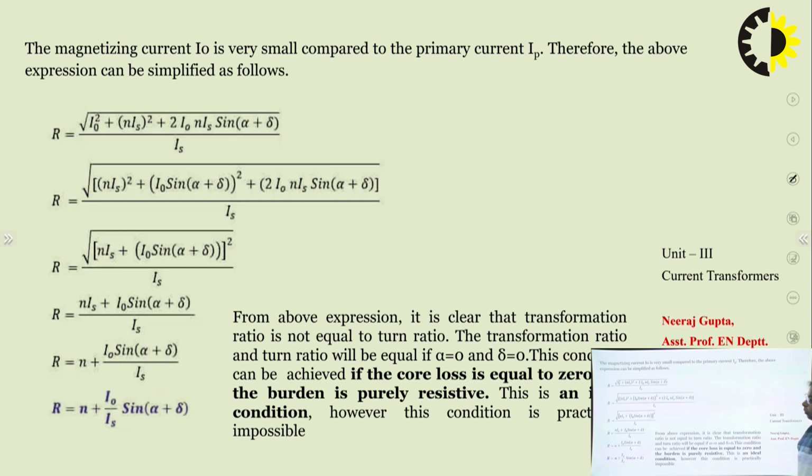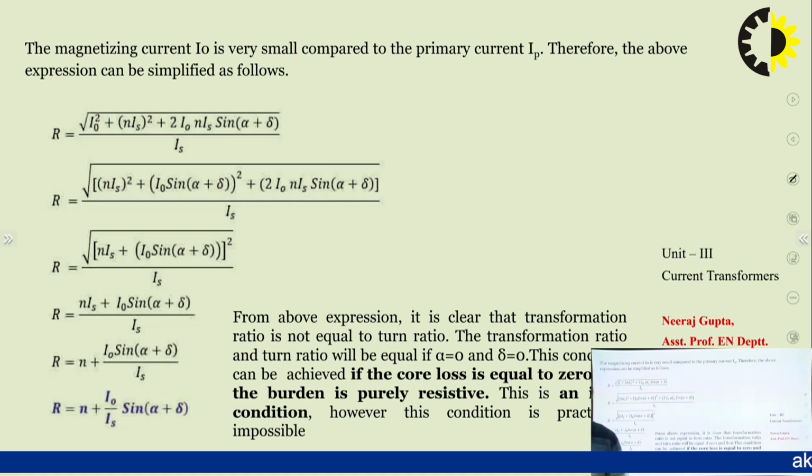Now, the assumptions that we further take into consideration. I naught is very small compared with the primary current IP, which is of hundreds of amperes.